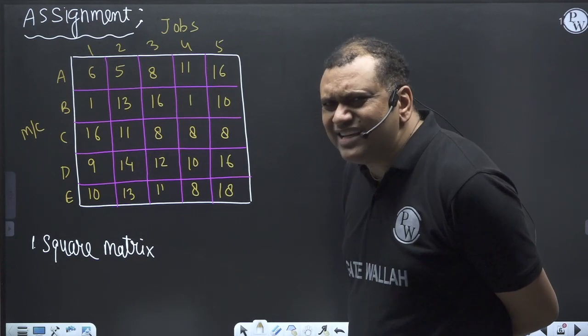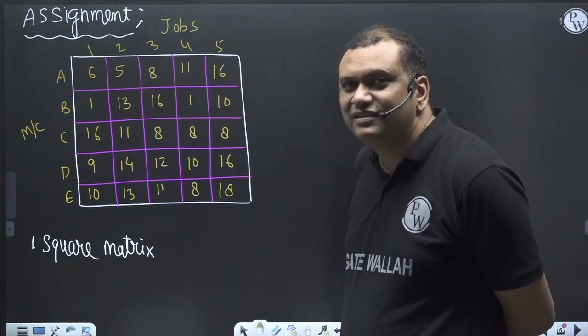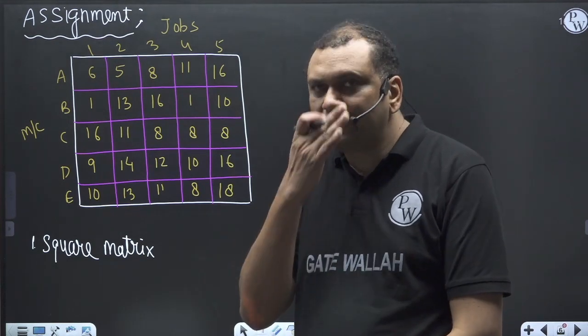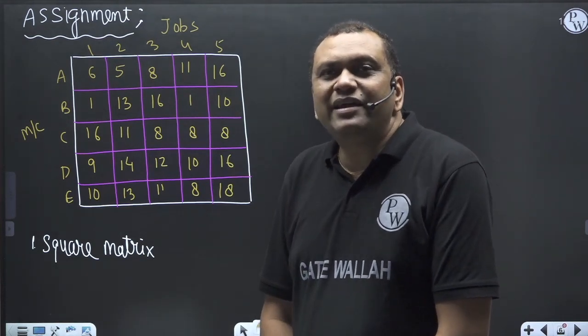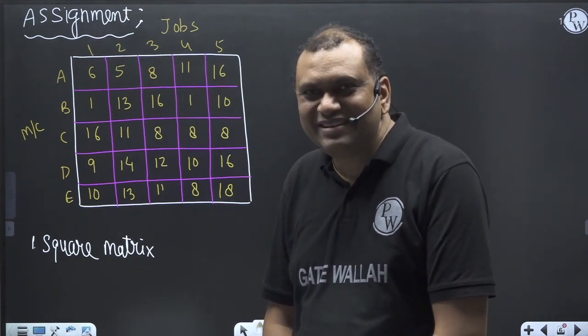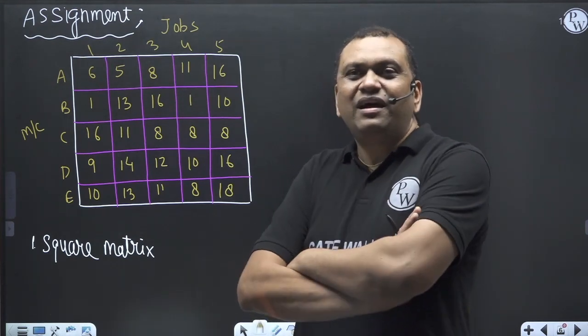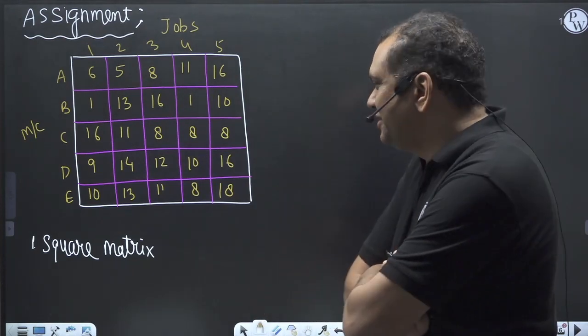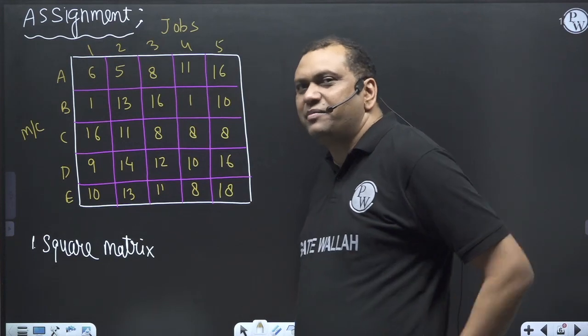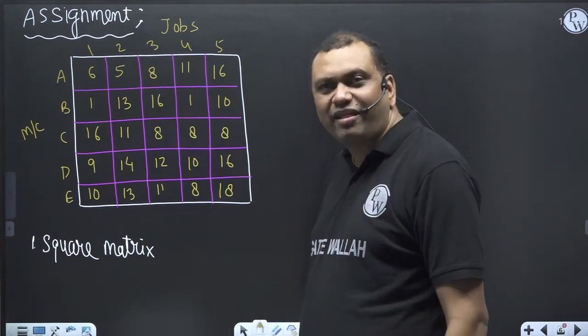If the matrix is not a square one, I add dummy rows and dummy columns, similar to the transportation problem. But fortunately, my matrix is a square matrix, so I don't have to worry about it. Okay.